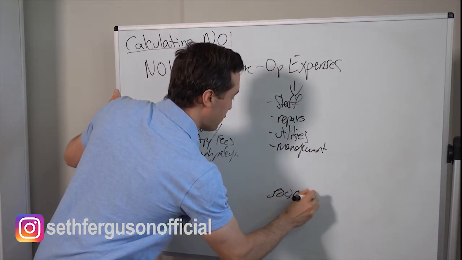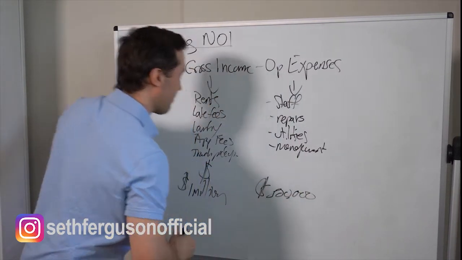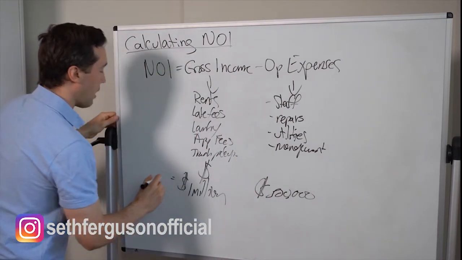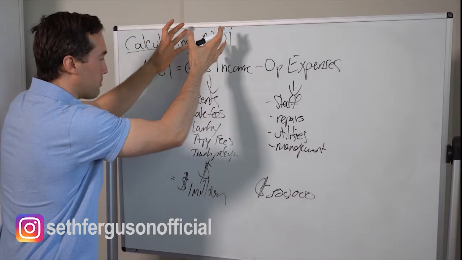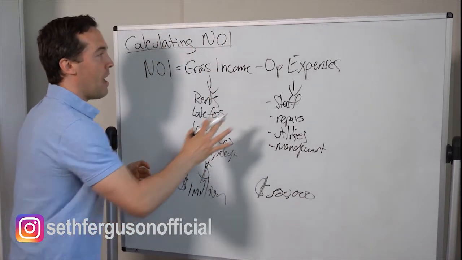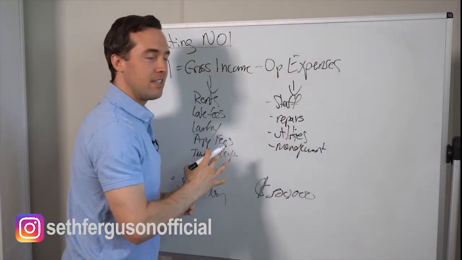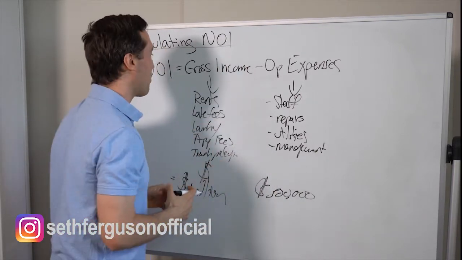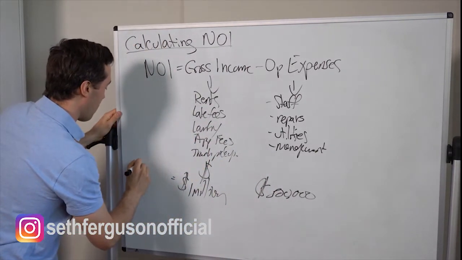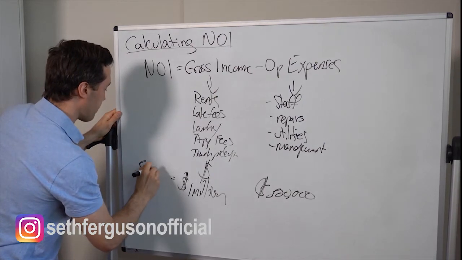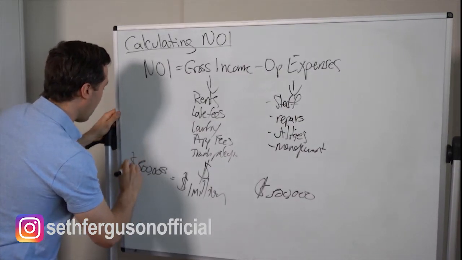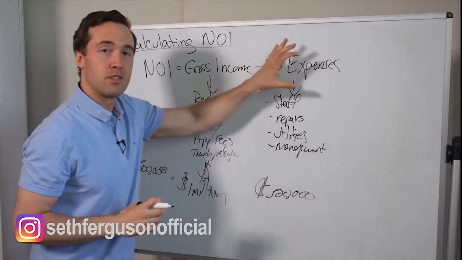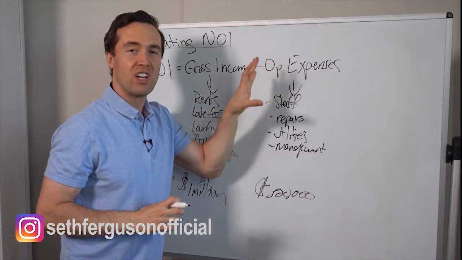We'll use that 50% rule for expenses, and that means the NOI of the property, so all the income we have coming in, subtracting all the expenses, the leftover money, is $500,000. So NOI is really just telling us what the gross income is, but subtracting the normal operating expenses of the property.